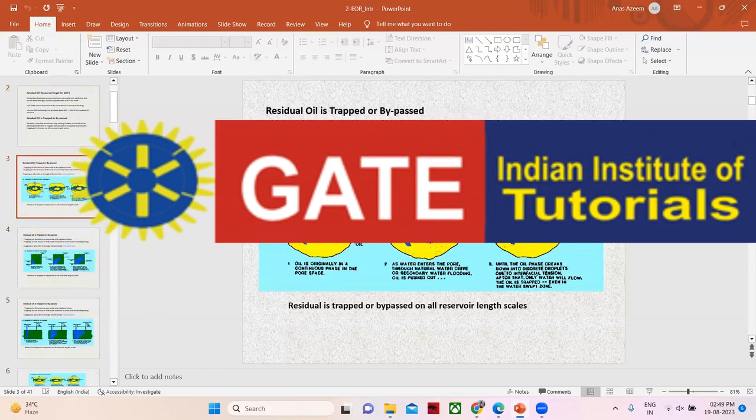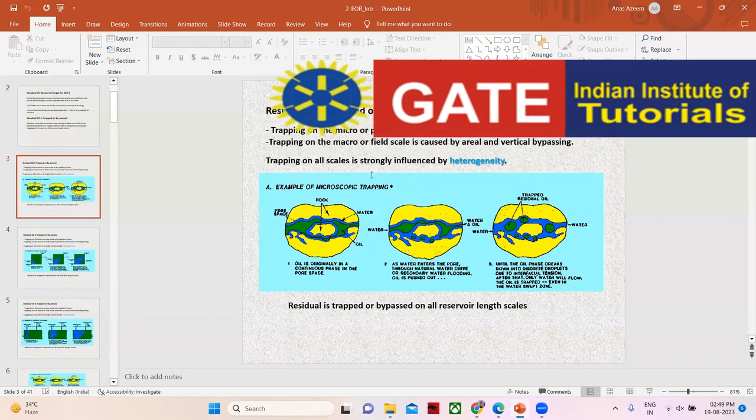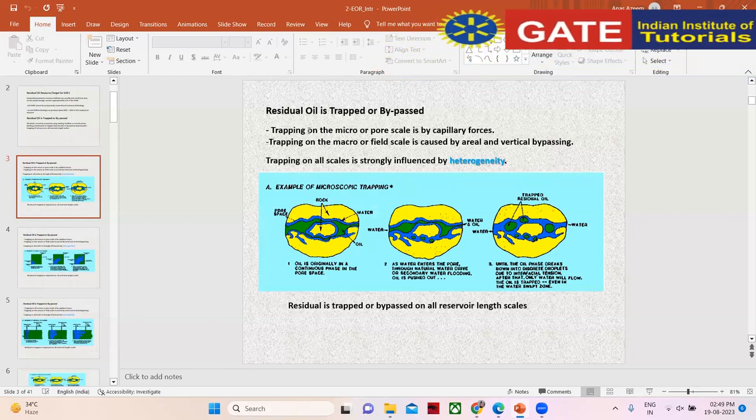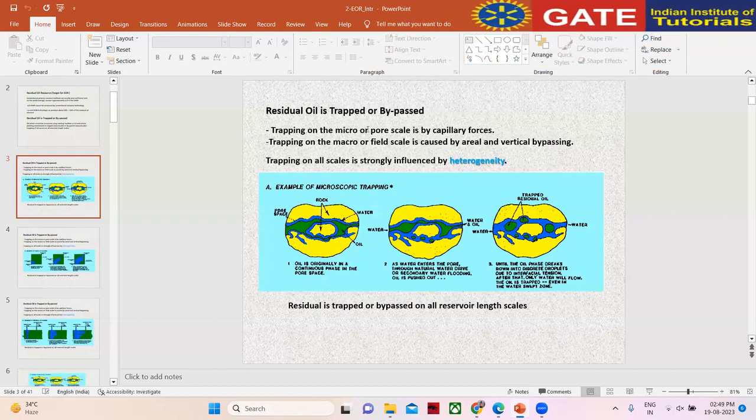Macroscopic displacement efficiency is about trapping on the micro or pore scale by capillary force, or on the field scale by areal or vertical bypassing.